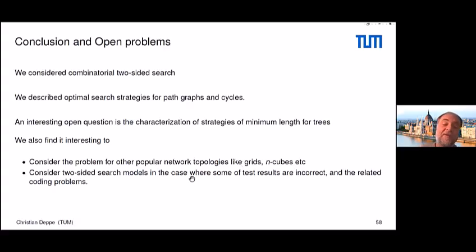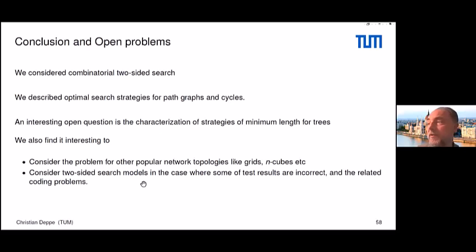And of course, one can think, perhaps first in the simple model, one can also do what is always done if some tests are incorrect, which we didn't look at at the moment. And of course, one can also look at related coding problems.